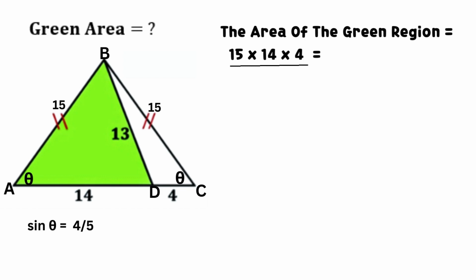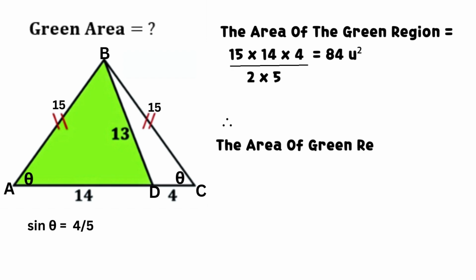The area of the green region equals 15 times 14 times 4, all divided by 2 times 5, which equals 84 square units. Therefore, the area of the green region equals 84 square units.